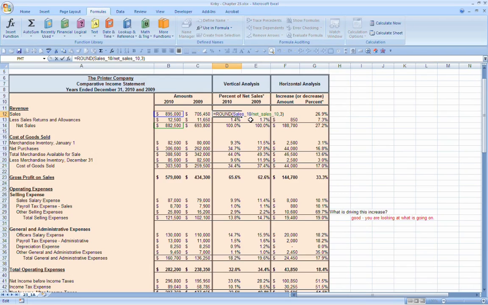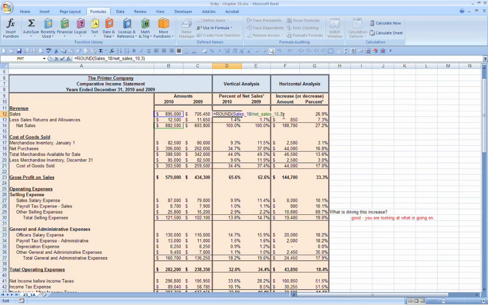This student used named ranges and named each of the line items on here: cost of goods sold, sales, revenue, payroll taxes, and then included that in their formula, which is really kind of slick.